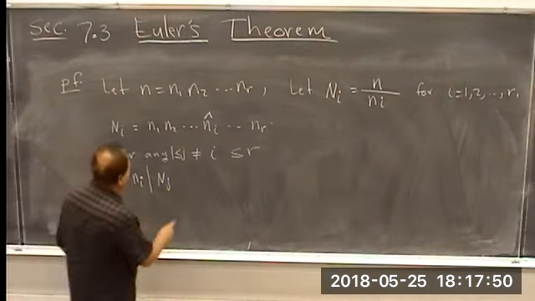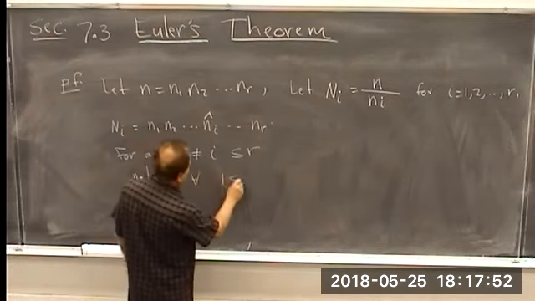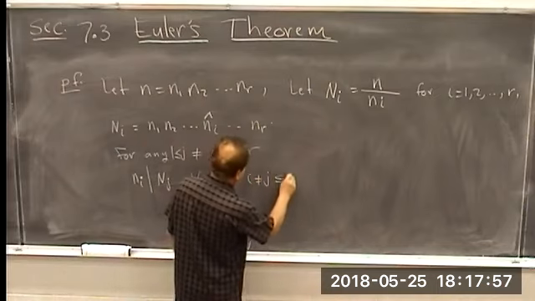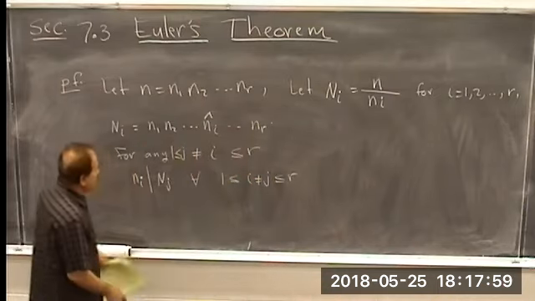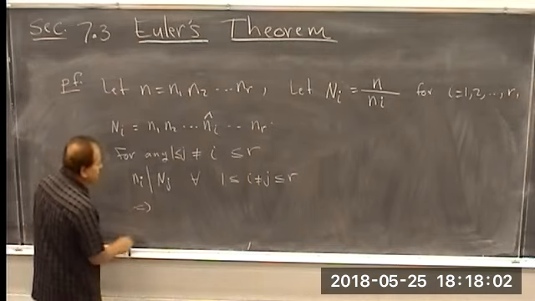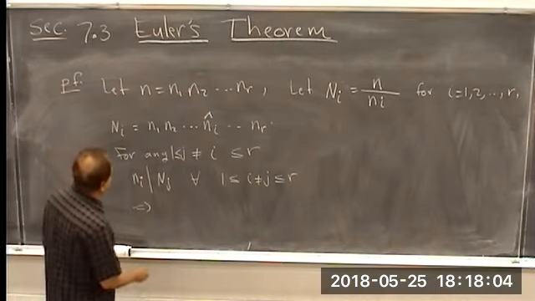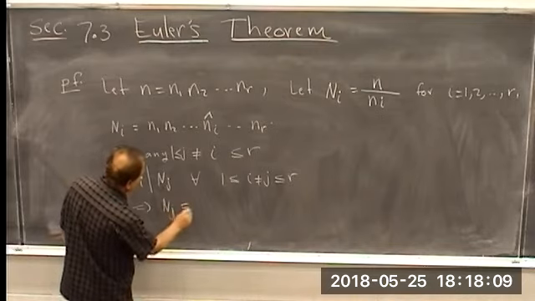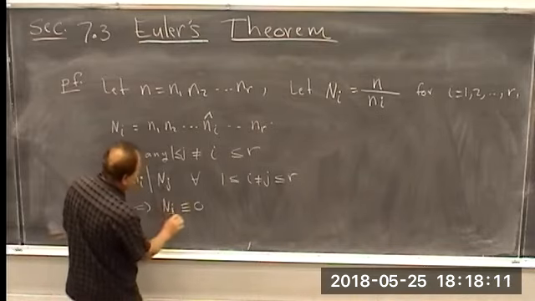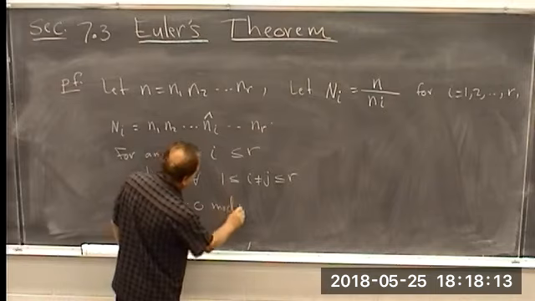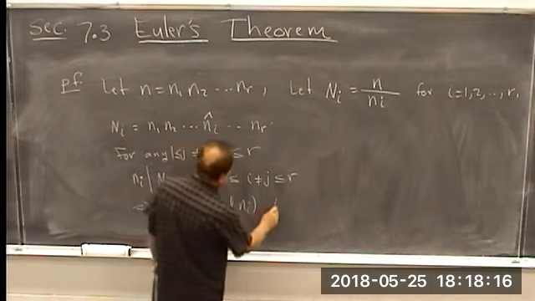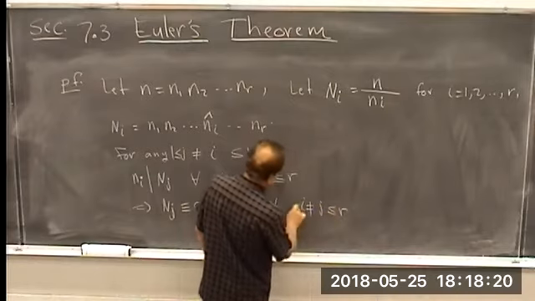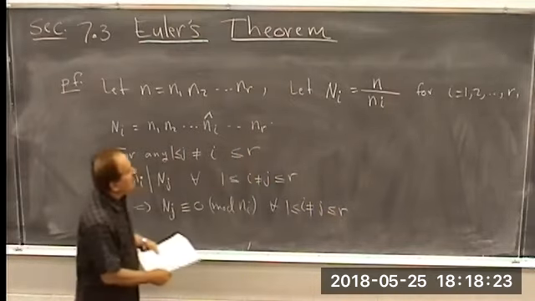This is true for every i not equal to j. This in itself implies the relation that n sub j is congruent to 0 mod n sub i, and this is true for every i not equal to j between 1 and r.